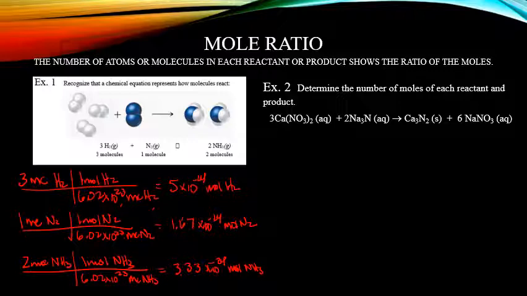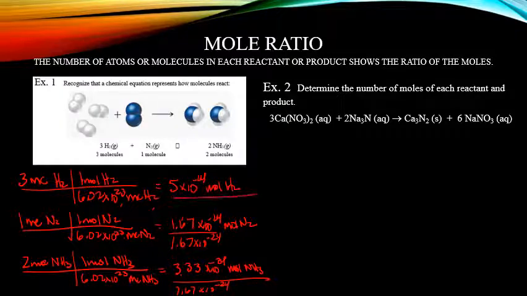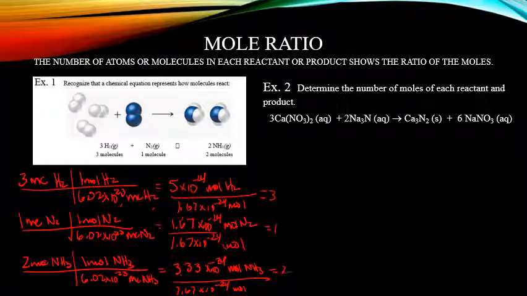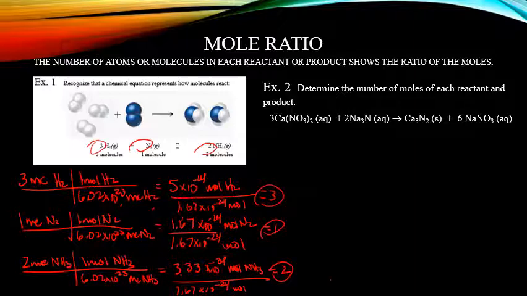If we did the same thing and took all of them and divided by 1.67 times 10 to the negative 24th, they're all moles, I would end up with a 3:1:2 ratio. And if you notice, those numbers correspond exactly with the coefficients from our balanced chemical equation.